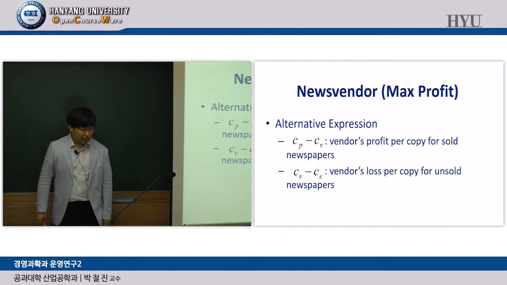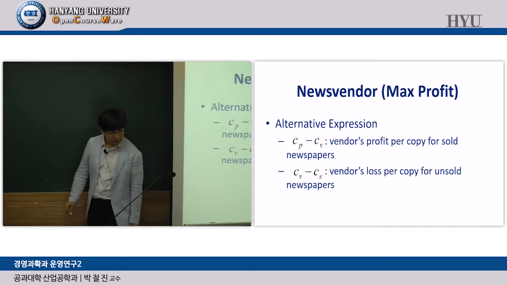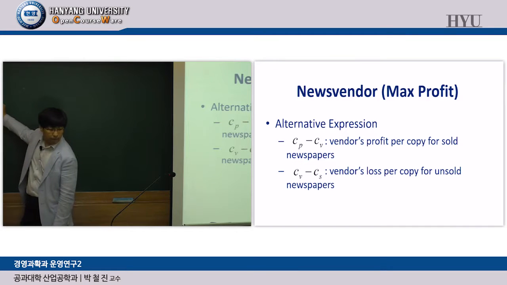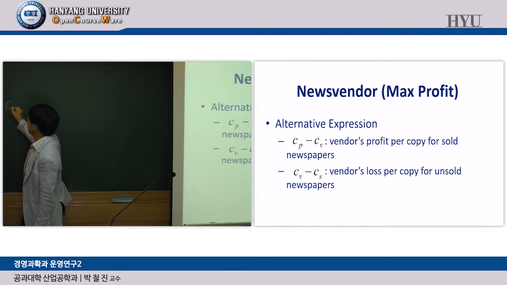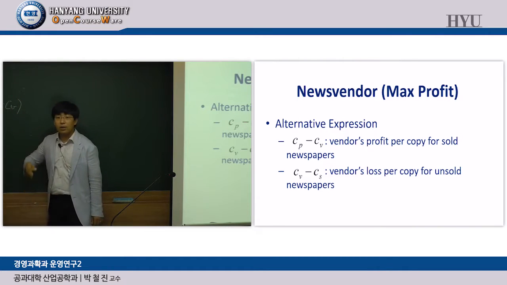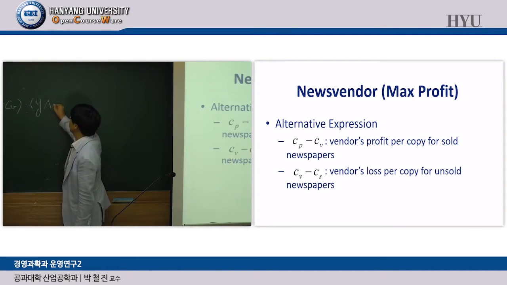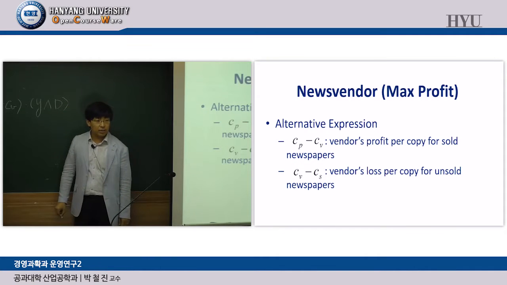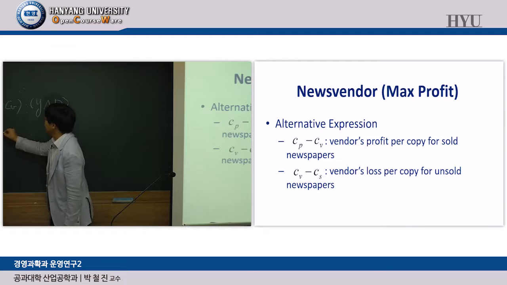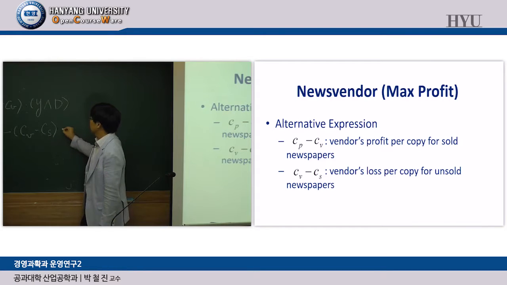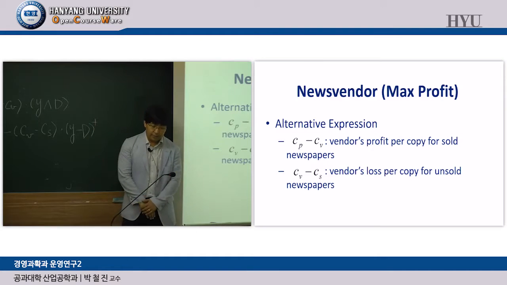In that case, this profit function might be profit per newspaper times number of newspapers we sell, and then minus C sub S times number of leftover newspapers.